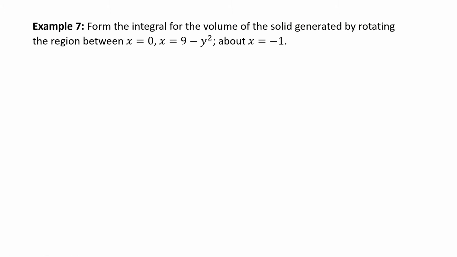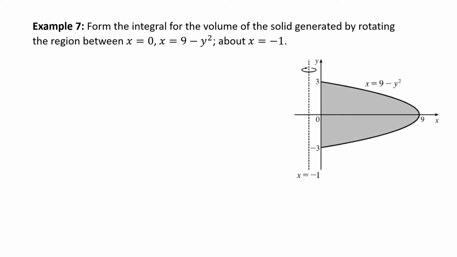Example: form the integral for the volume of the solid generated by rotating the region between x equals 0 and x equals 9 minus y squared about x equals -1. We begin this problem with a sketch of x equals 9 minus y squared.